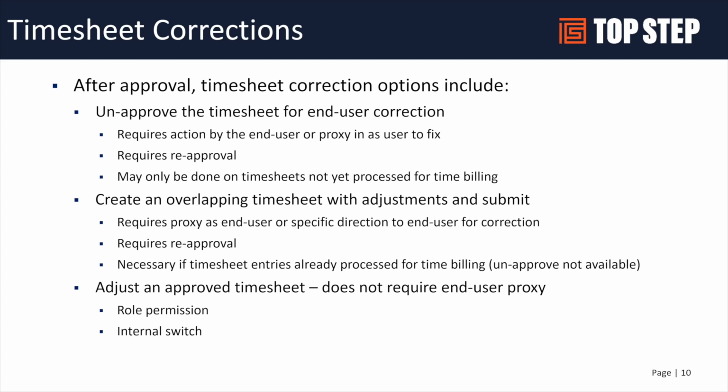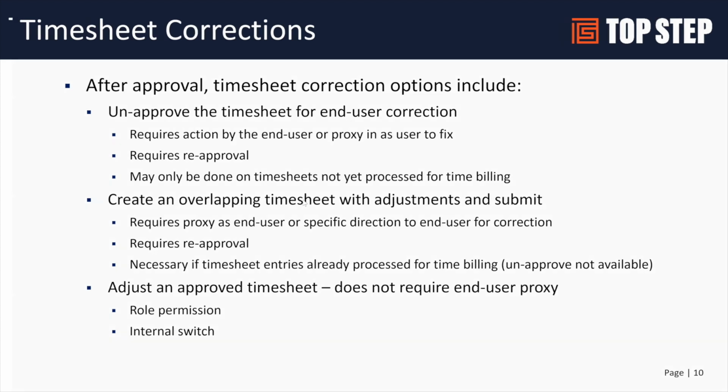Adjusting a timesheet that's been approved and billed gives you a much more auditable solution, and it can be controlled by roles and does not require any kind of proxy capabilities.